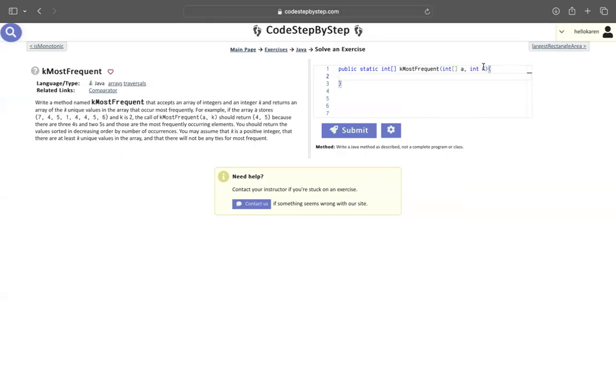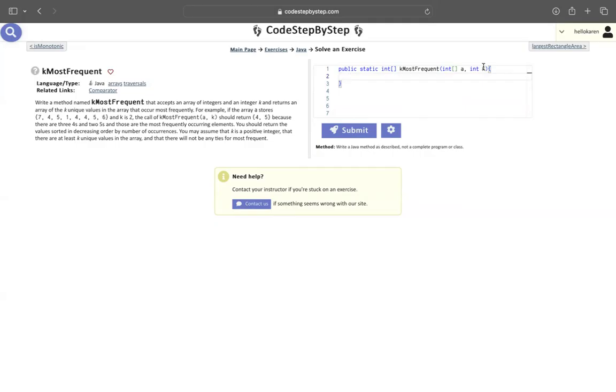So if they give you an array that has 10, 20, 30, 40, 50, and 10 shows up one time, 20 shows up two times, 30 shows up three times, 40 shows up four times, 50 shows up five times, and they say k equals 3, they want you to return the three most frequent numbers, which would be 50, 40, 30. Does that make sense? Or no?